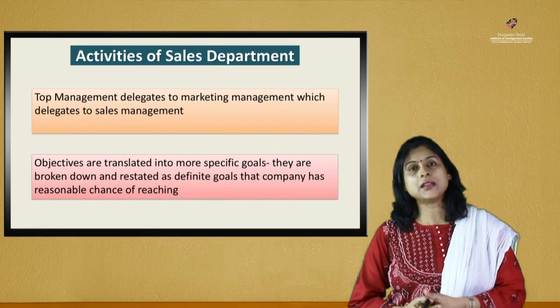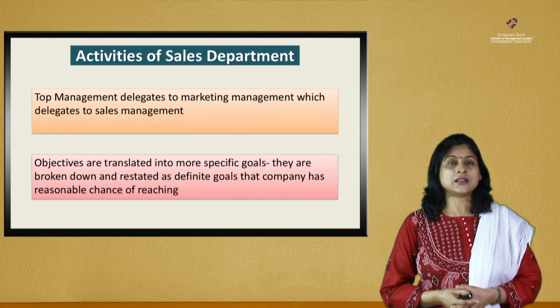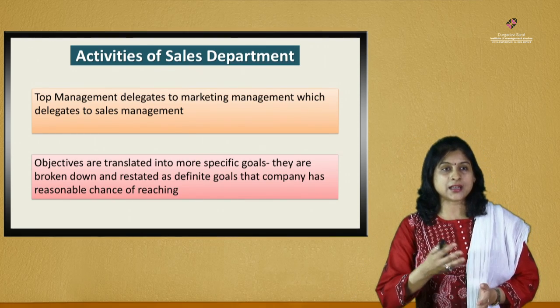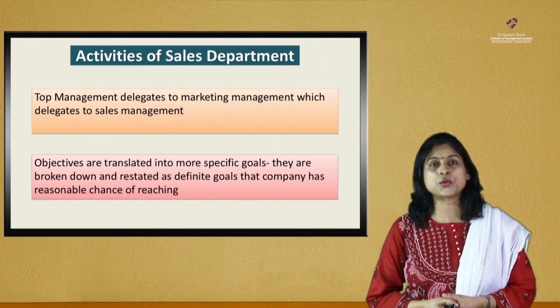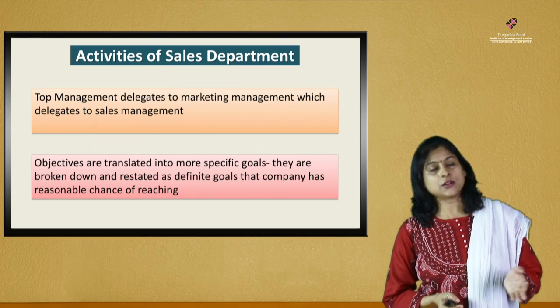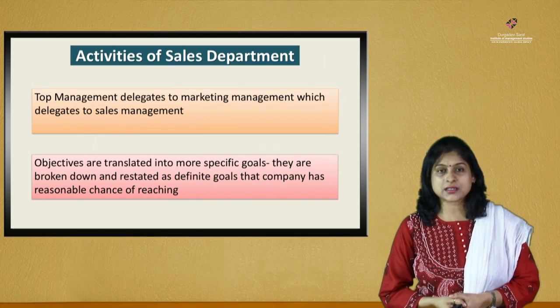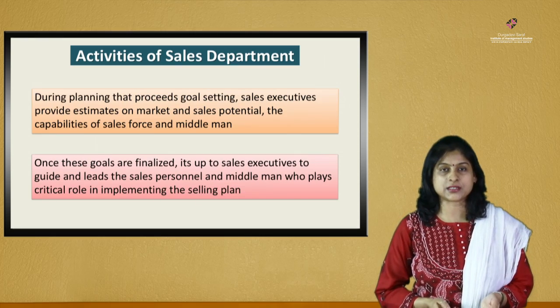What are the activities in the sales department? The different activities are to delegate from marketing management to sales management, because sales management is a very crucial department under marketing activity, and there the objectives are translated into goals, and then broken down into short-term goals and long-term goals.